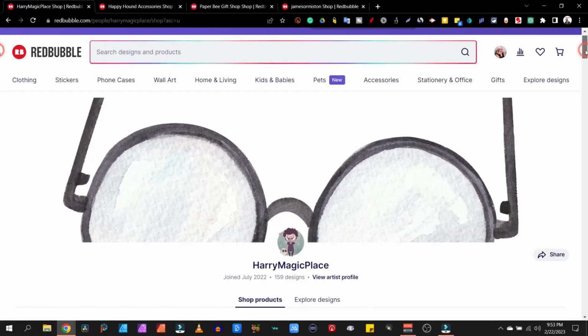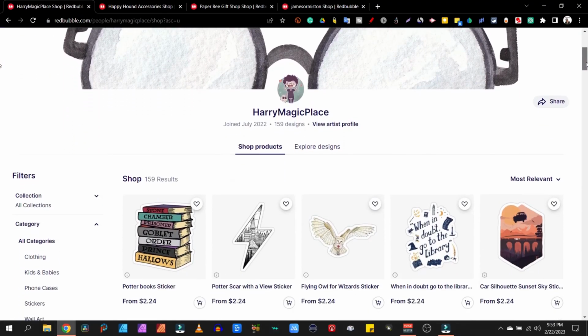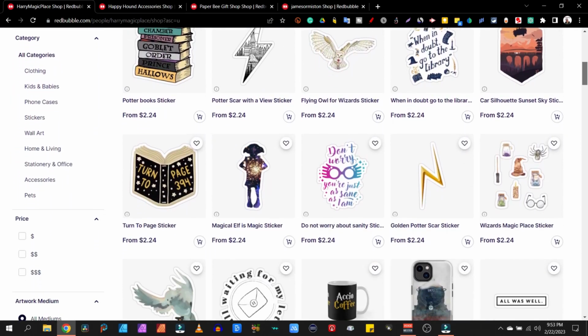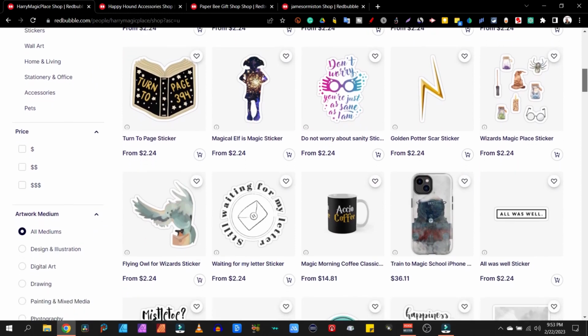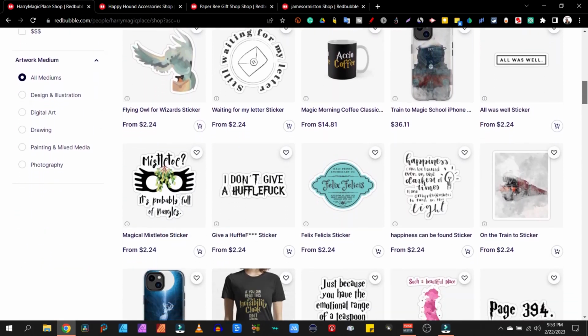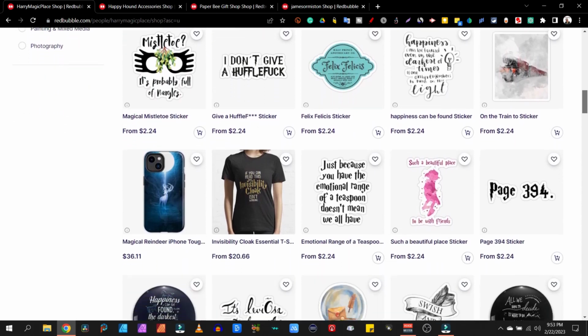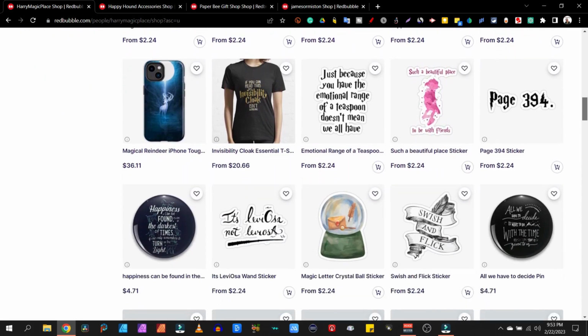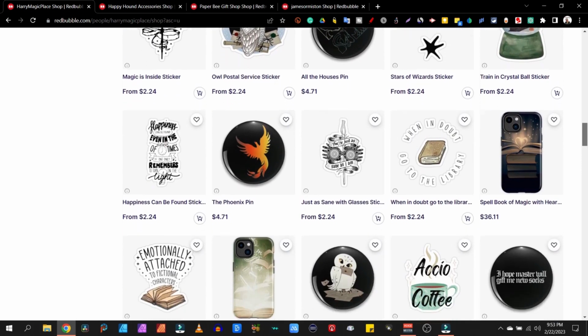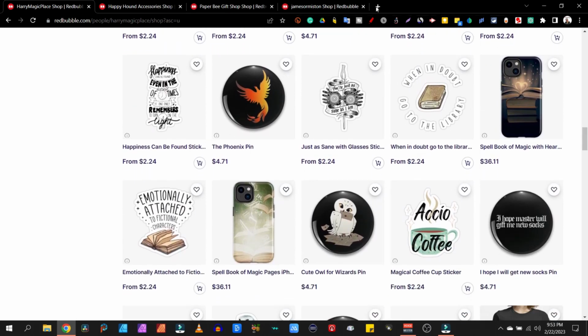I have found one example on RedBubble, and this store is called Harry Magic Place. When niching down to a specific target audience, it can be hard to find a niche that doesn't have too much competition, but also is not so narrow that the potential customer base is very small.